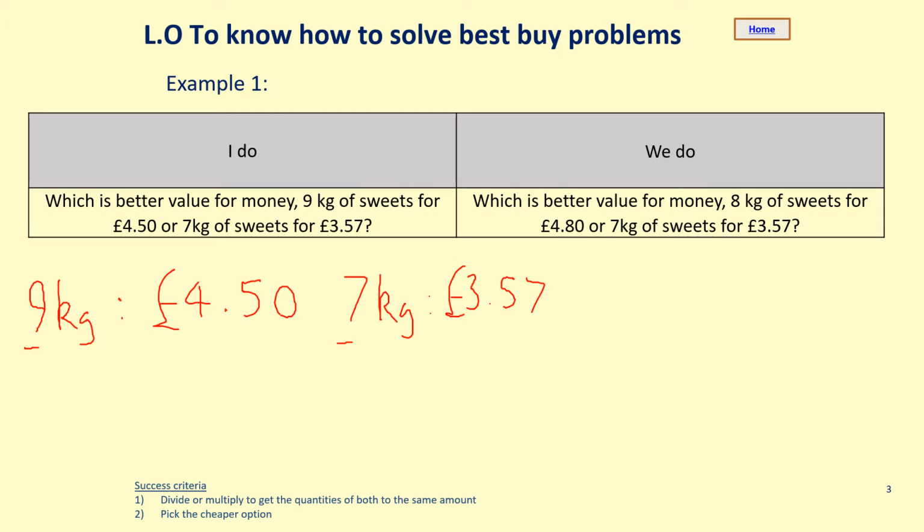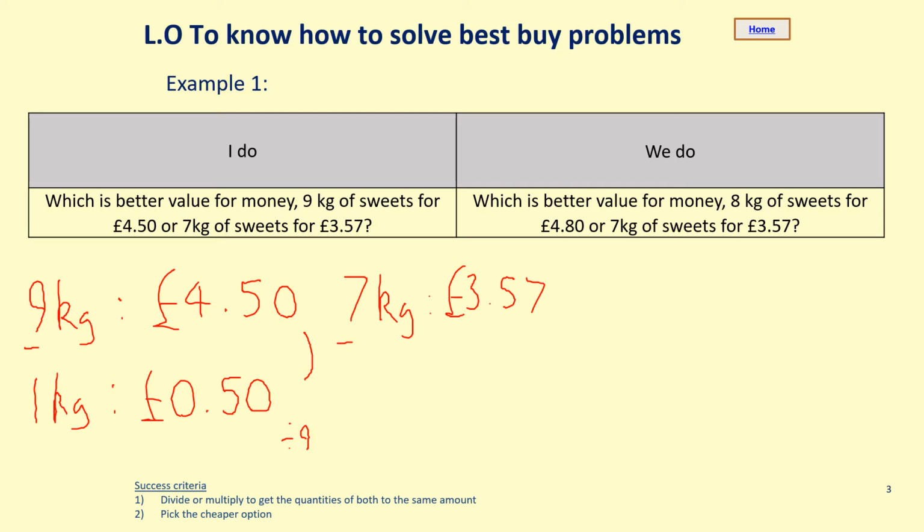So 1 kg, well, we've divided that quantity by 9, so we're going to divide this price by 9. So £4.50 divided by 9 gives me £0.50. So in this deal, 1 kg of sweets costs 50p.